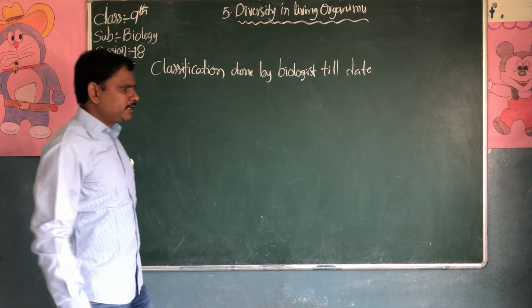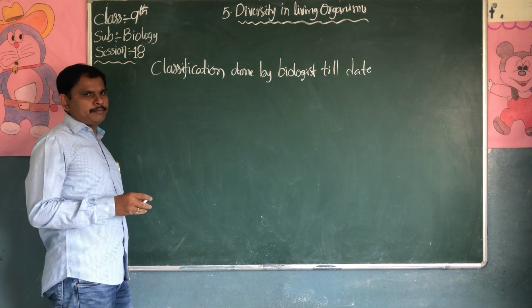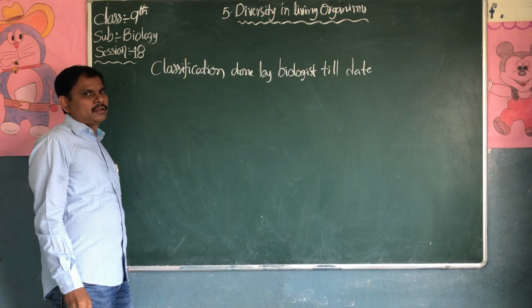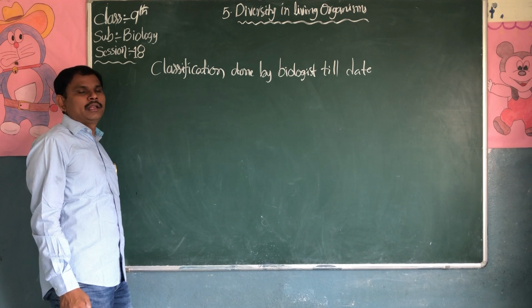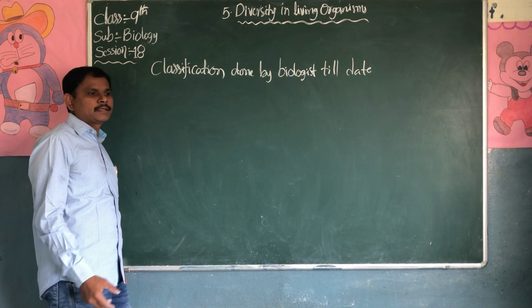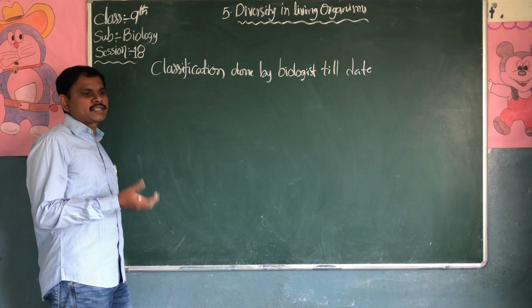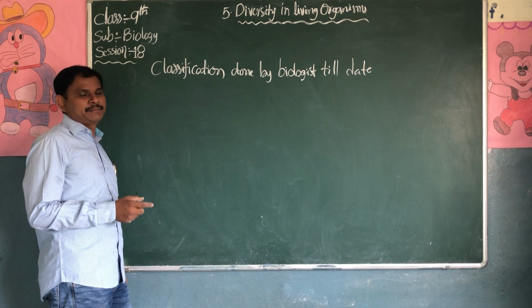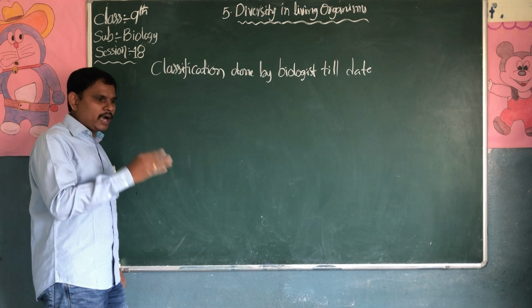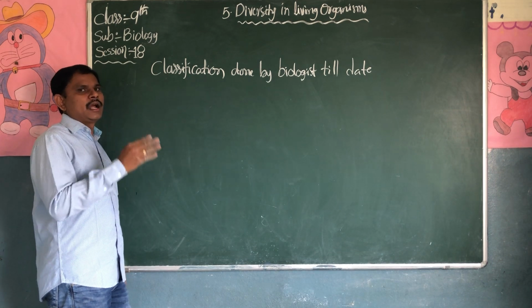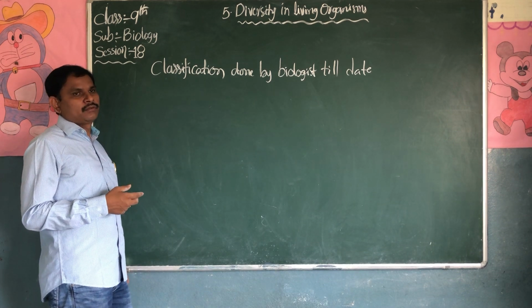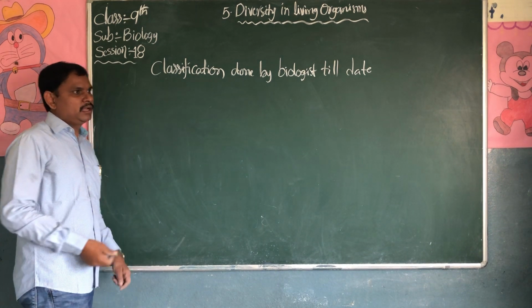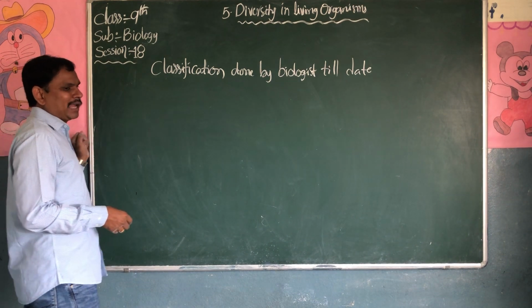There are 7-8 scientists. Their names, how they classified, how many kingdoms they divided. For example, Linnaeus, Haeckel, Chatton, Copeland, Whittaker, Woese et al. and Cavalier-Smith. These scientists classified the animals and the plants to better understand, and for the idea of evolution.